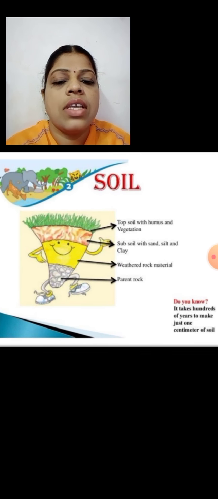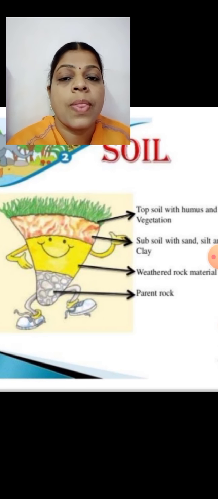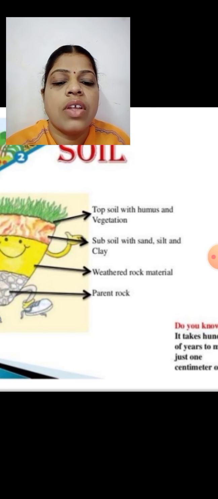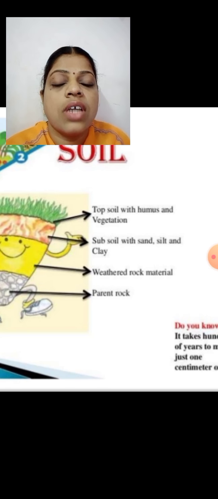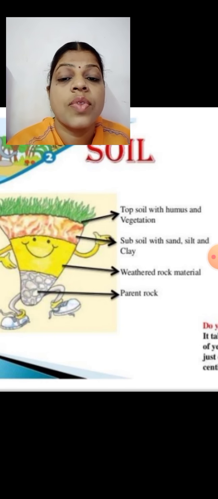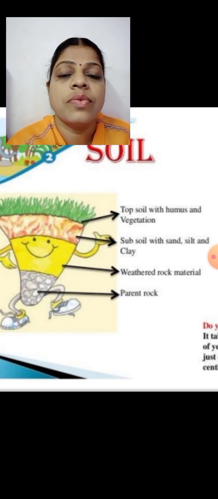Children, we can see the picture of the soil here. Yes, what is it actually? These are the various layers of the soil. You can see here 4 layers are there. What are they?